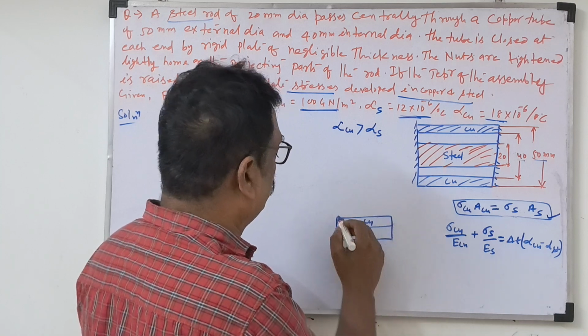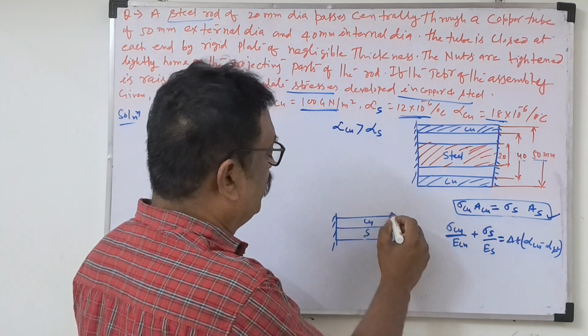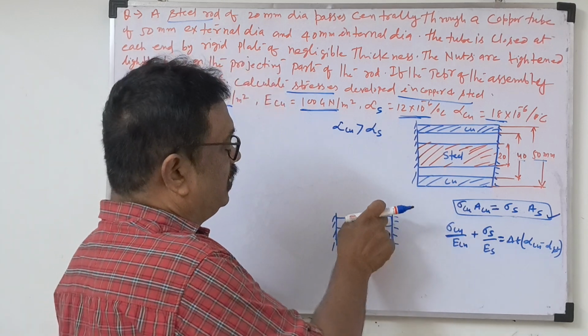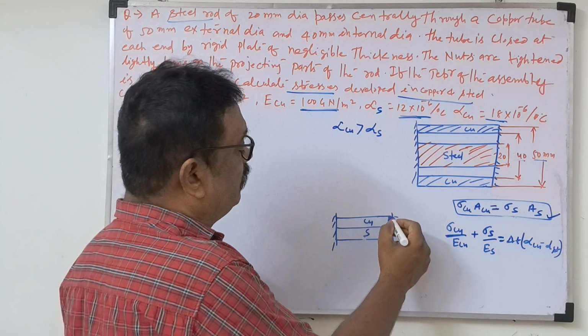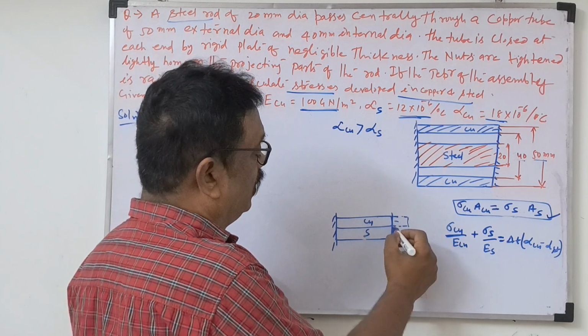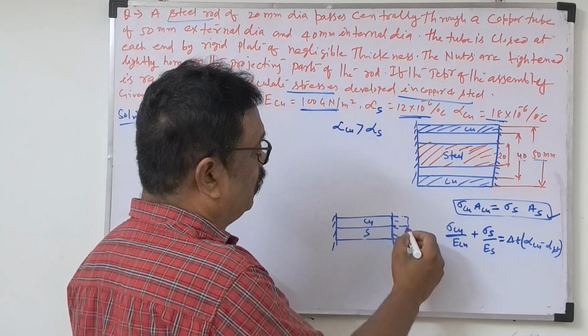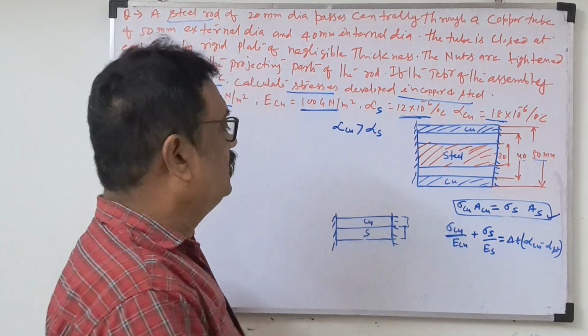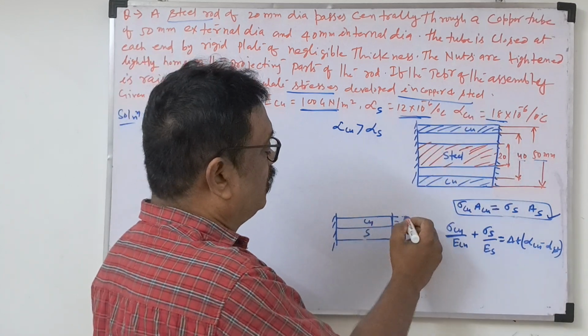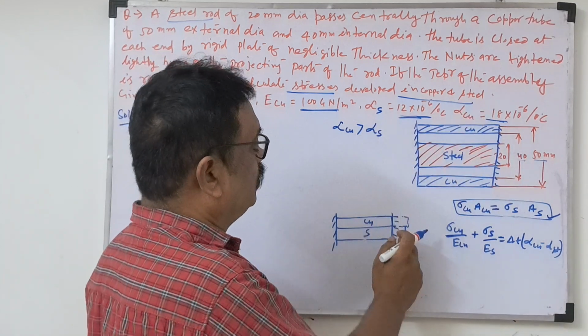If the temperature increases, both want to elongate. But the linear expansion of the copper is more, so it elongates more and the steel elongation will be less.